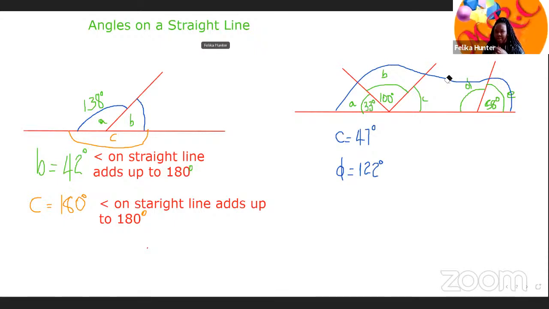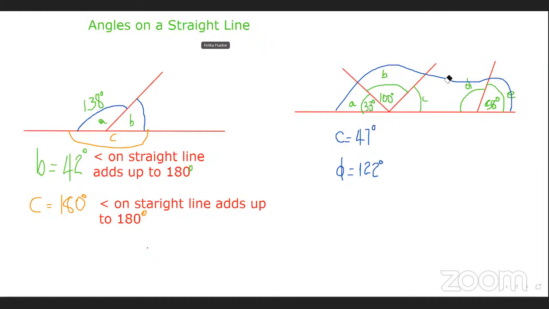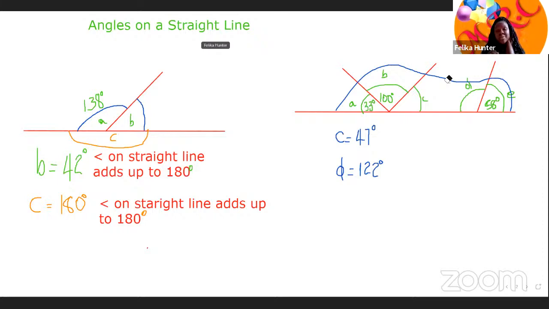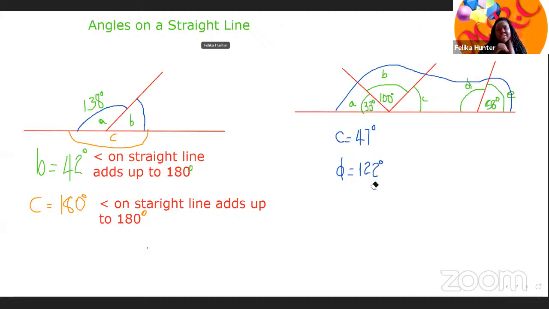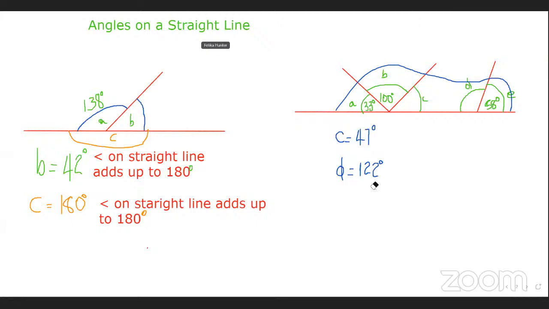How many degrees are gone so far when I add all of those? 191.